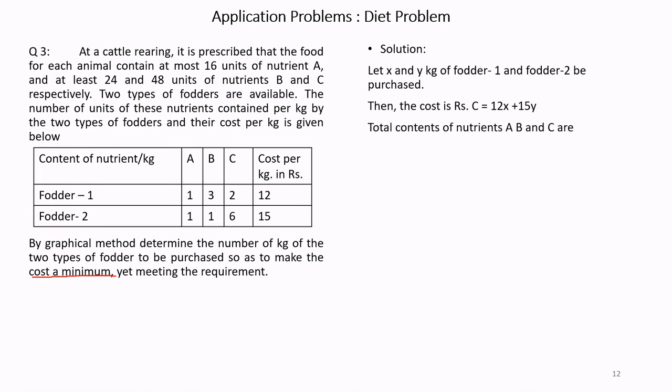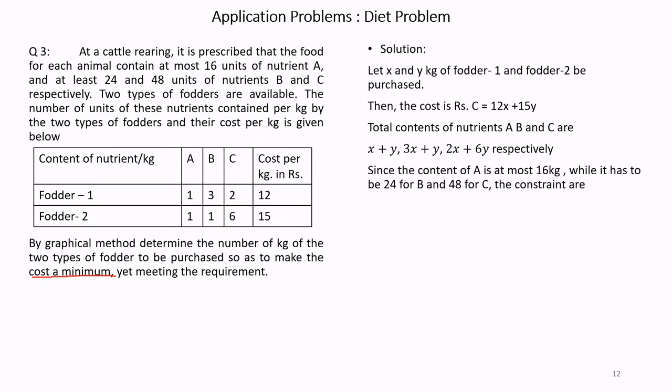The total contents of nutrients A, B, C are: for A, x + y, with x being 1 and y being 1; for B, 3x + y; and for C, 2x + 6y. These are the combinations because x and y kg of fodder 1 and fodder 2 are purchased.